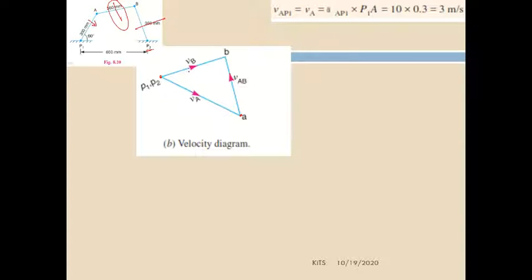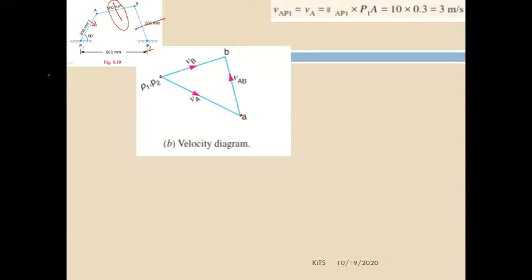In the velocity diagram, you have drawn only one perpendicular line for each link. This line is for P2B, this perpendicular line is for AB, and this perpendicular line is for P1A. But in the acceleration diagram, you have to draw two lines: one is a perpendicular line and another one is a parallel line.